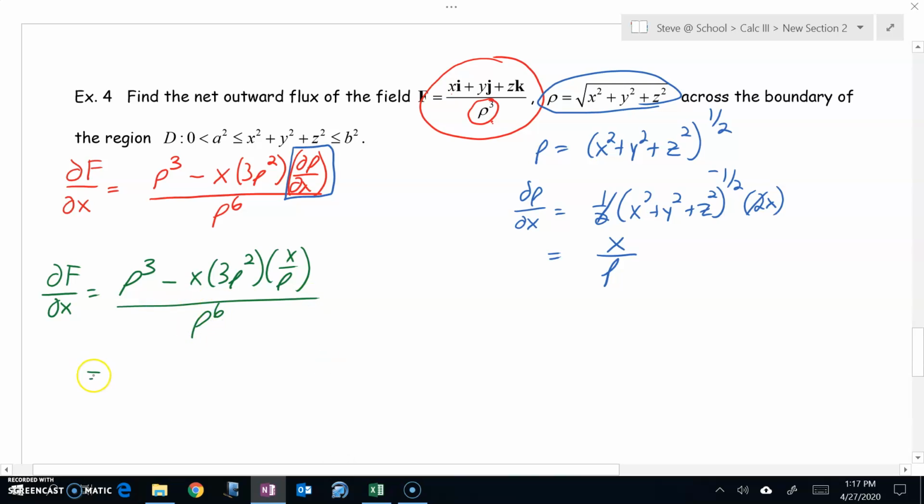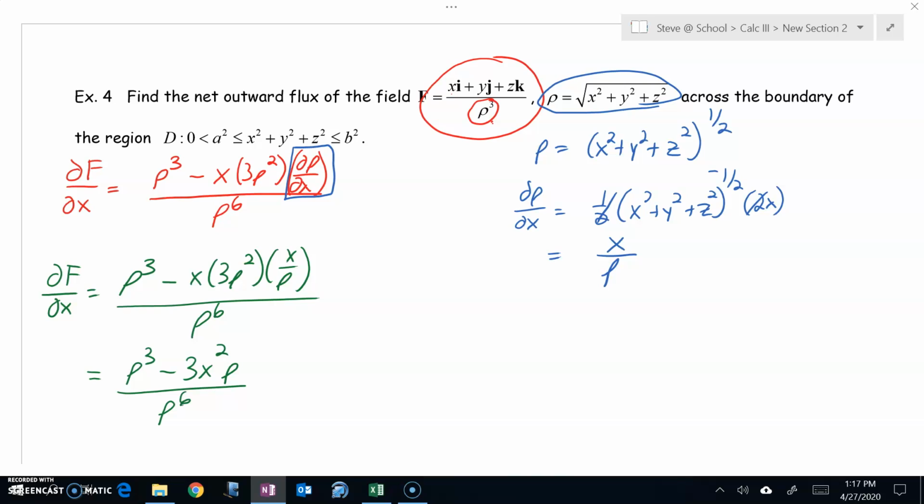So we end up with rho cubed minus 3x squared rho over rho to the 6th. Okay? So that is df dx.